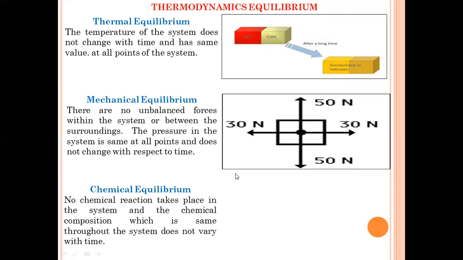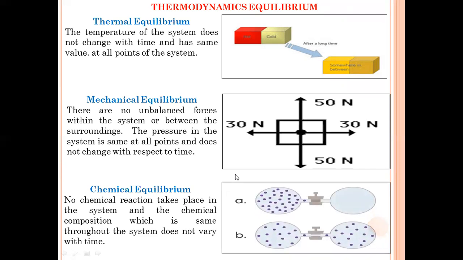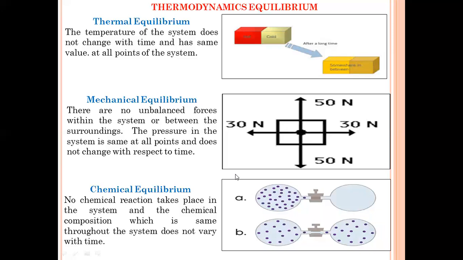For attaining the state of thermodynamic equilibrium, these three types of equilibrium must be achieved by the system. Then and only then can we say the system is in thermodynamic equilibrium. Thermal equilibrium: the temperature of the system does not change with respect to time and has the same value at all points of the system.